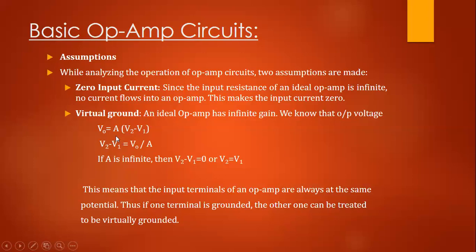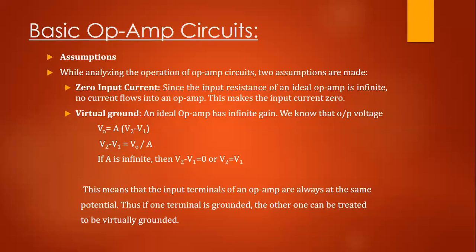Here A is gain. So V2 minus V1 is equal to V naught by A. If gain is infinite, if A is infinite, then V2 minus V1 is equal to 0, right? V2 minus V1 equal to 0, or V2 is equal to V1.